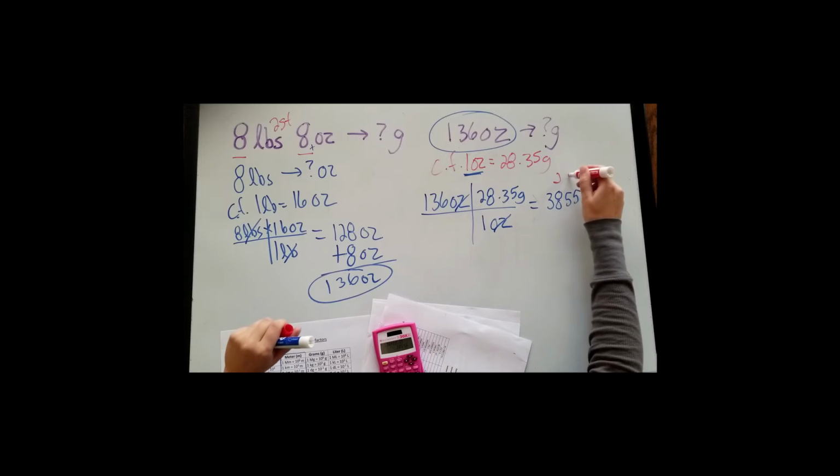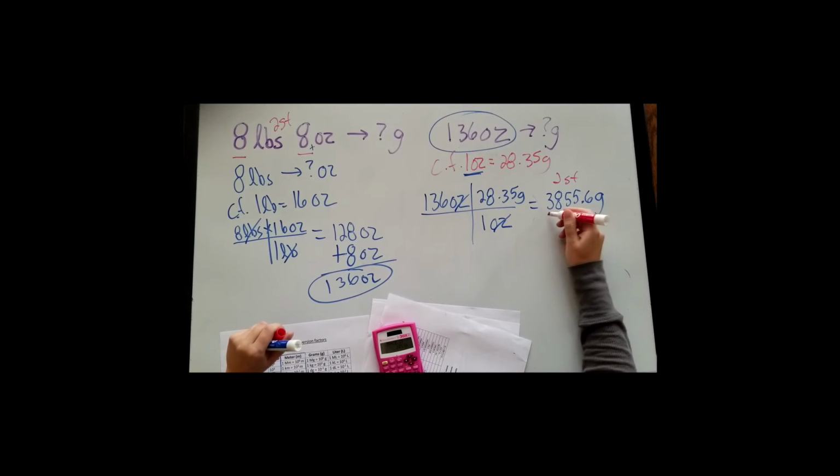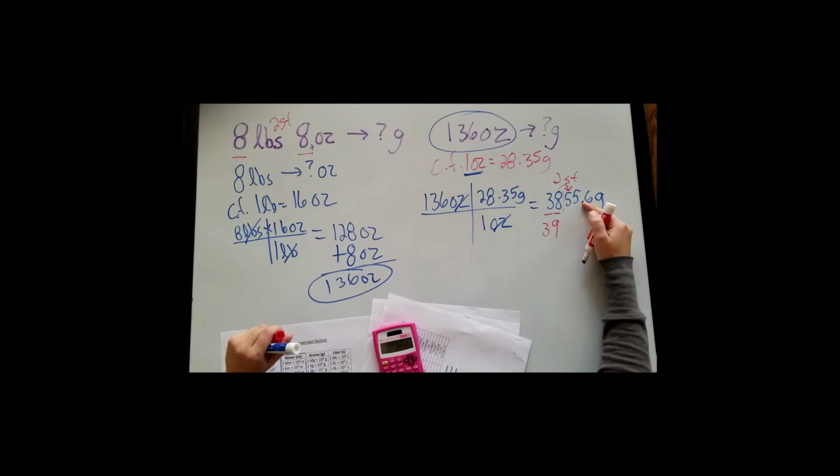That means I want 2 sig figs in my answer. 1, 2, so I'm stopping there. Look at the number next to it. Does that stay an 8? Is it 5 or higher? Yes, so it rounds up to a 9. But remember, I need placeholders. So everything before this decimal point, I'm going to need placeholders where those 2 5s are.